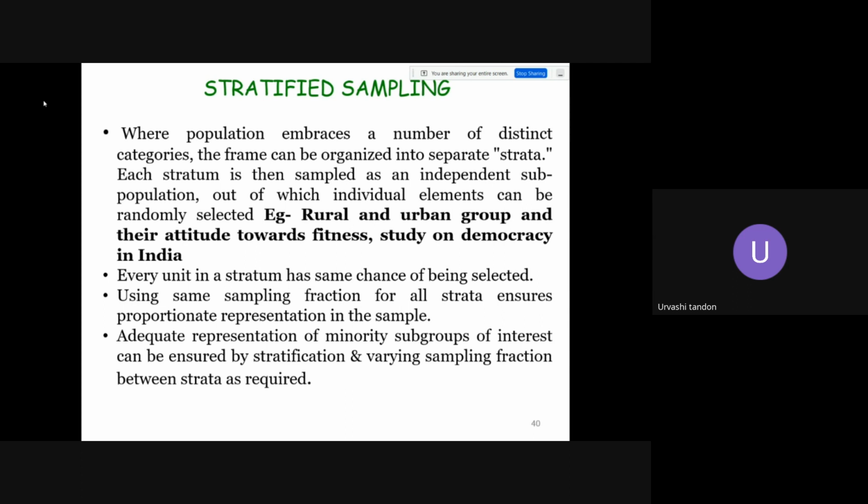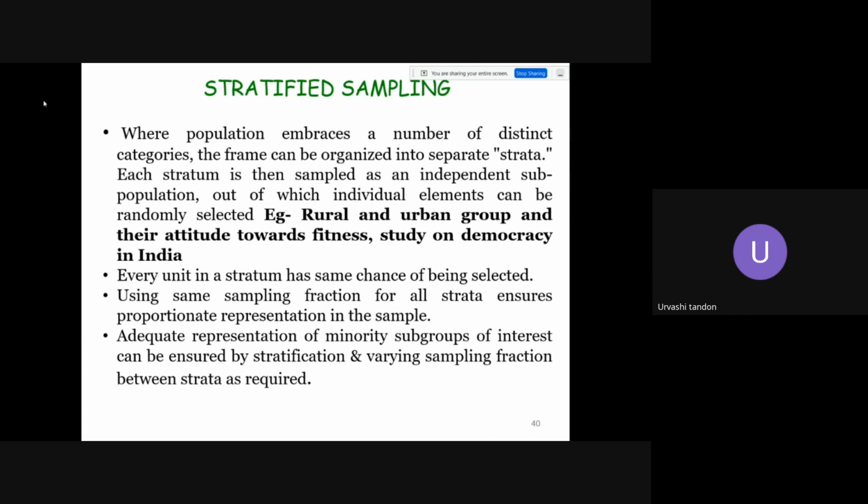Even at times, when we say we are using stratified random sampling, the question is, when you say in your thesis that it is stratified random sampling, where are the strata? You can always define the strata with age groups also, right? Let's say we divided the population into specific age groups, 18 to 30, 31 to 45, and above 45, and from there we picked up the people. So that is also stratified random sampling.